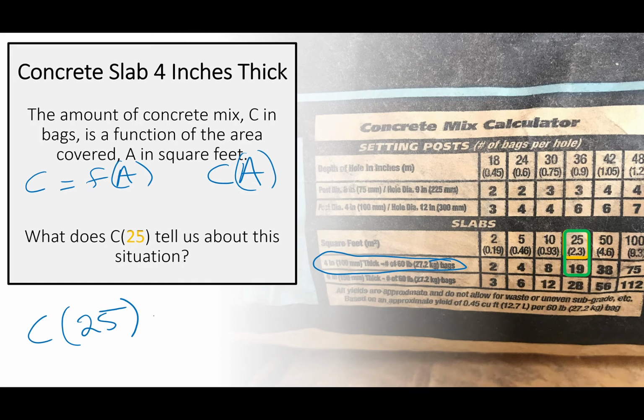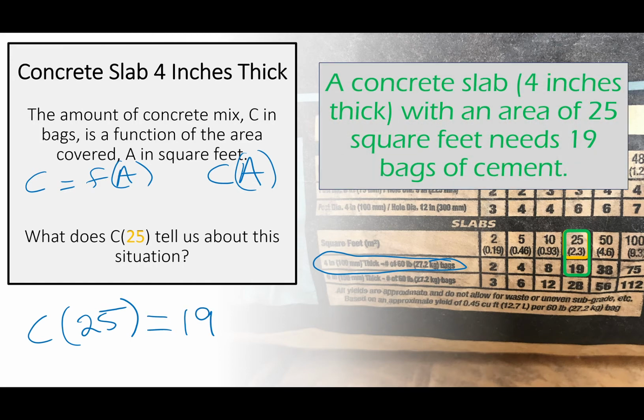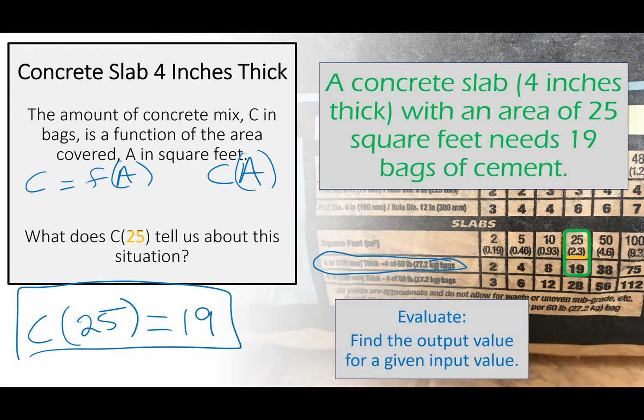So C of 25 equals 19. And our verbal description, a concrete slab 4 inches thick with an area of 25 square feet needs 19 bags of cement. So again, expressing this in function notation saves a lot of space. And what we've actually done by finding the output that goes with the input is we've evaluated the function.